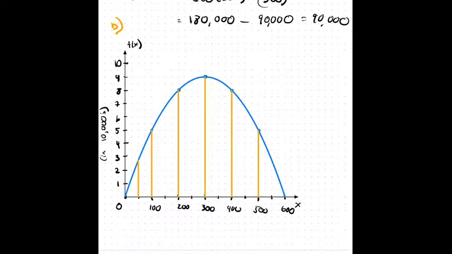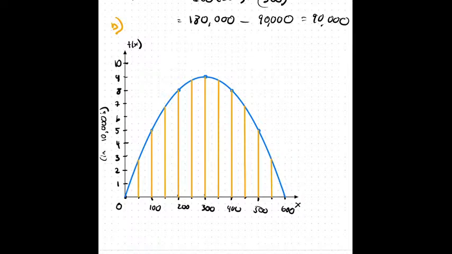Keep going. So we need all of these half marks. All right.